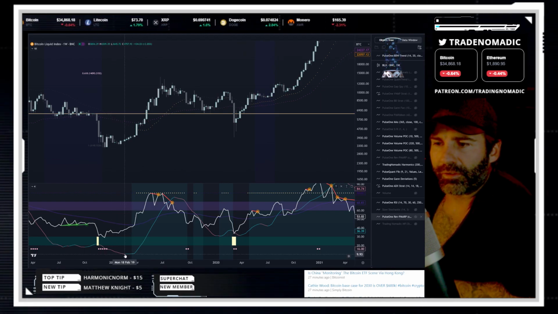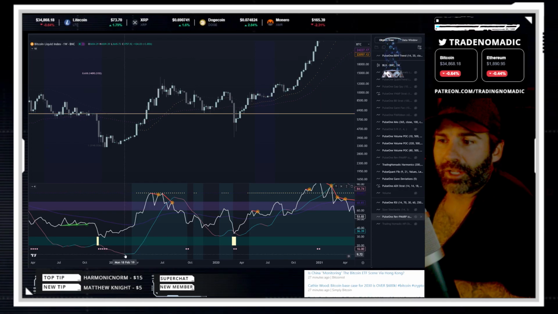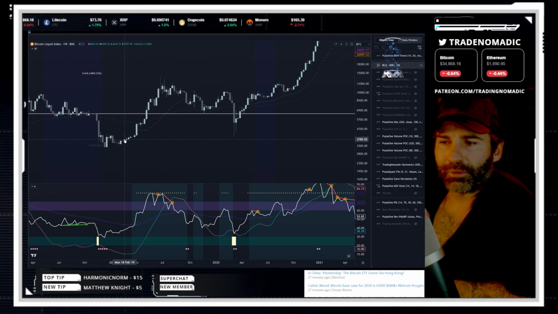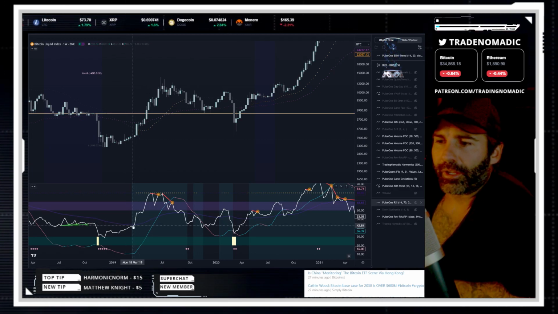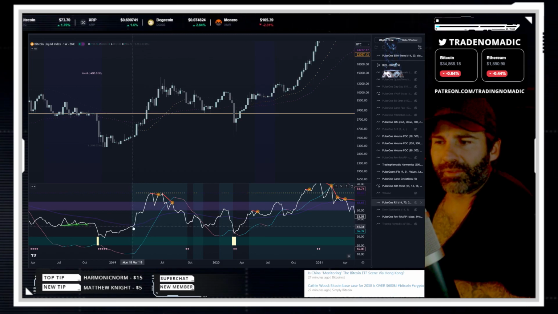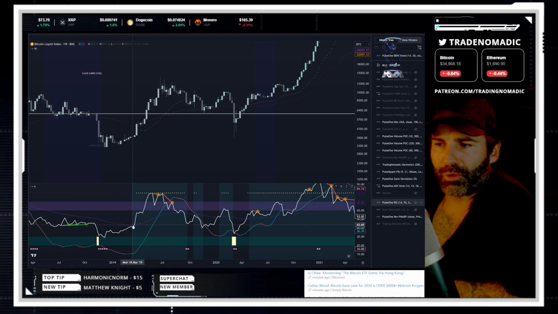You could look, you got the PMARP signal turning green right here. It would have told you right there. And then right here, you've got the OBV expanding green. You've got the RSI moving over the moving average.